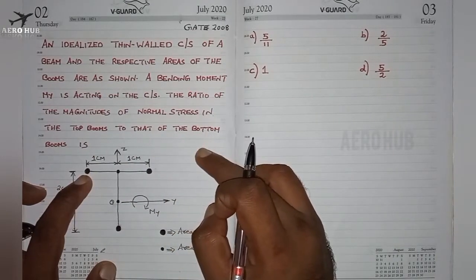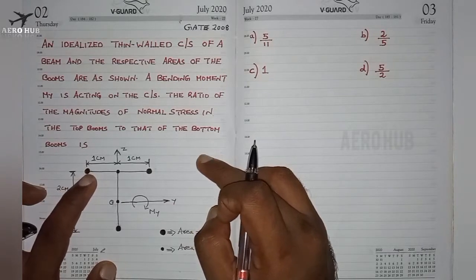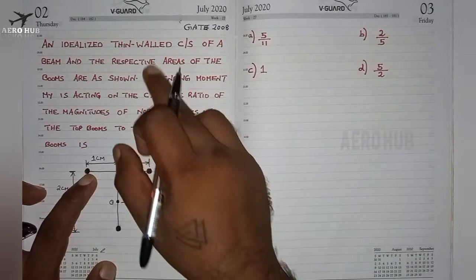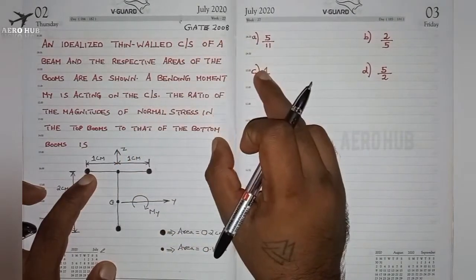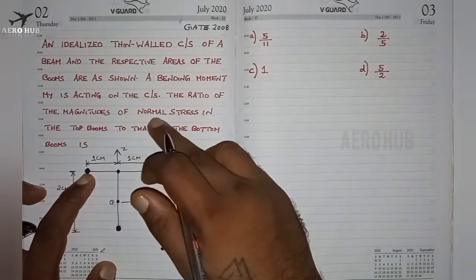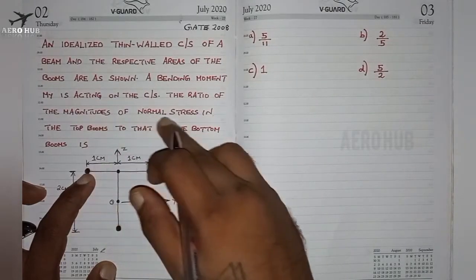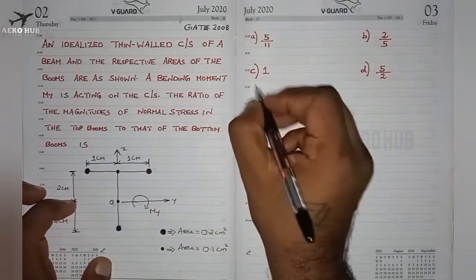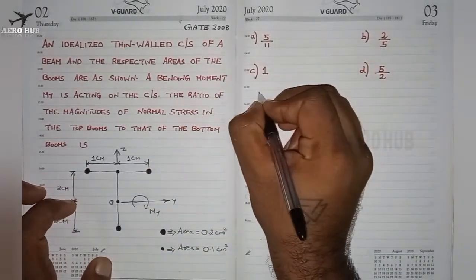Always remember that the boom areas carry the normal stress or bending stress, and the skin carries the shear stress. This question was asked in GATE 2008. These are the options, and we will go for the solution.